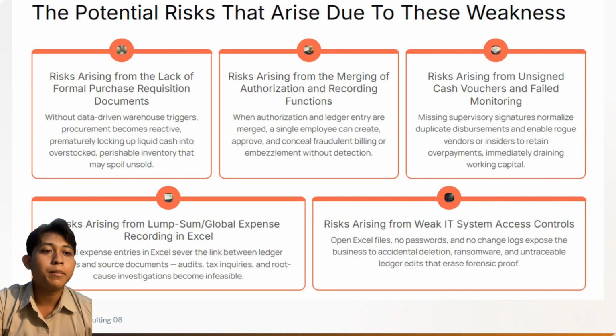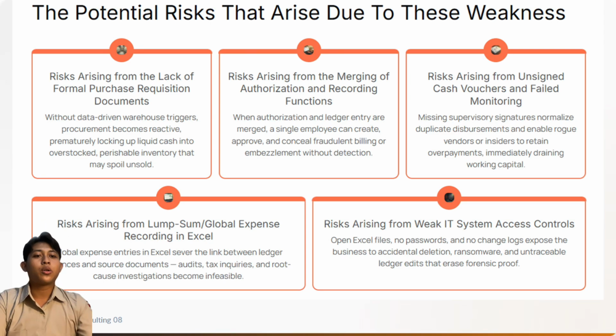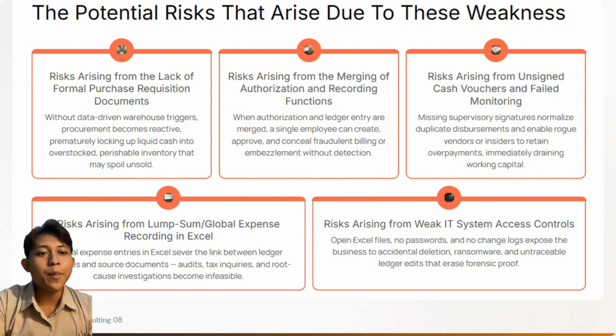Review vendors may be simply retained to duplicate cash disbursement, recognizing that ABC MSME's internal accounting loop is too weak to notice the discrepancy. Opportunistic asset misappropriation.